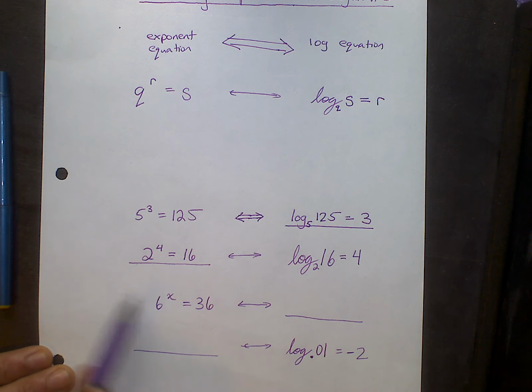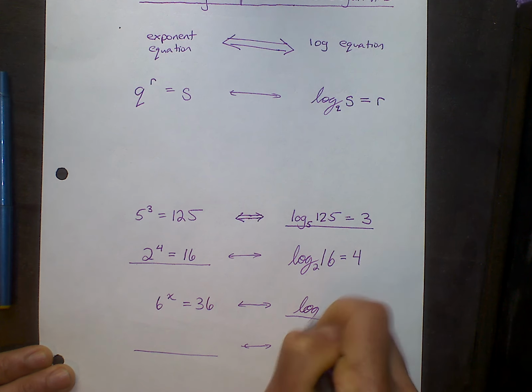All right, the whole point of this is sometimes we don't know one of those numbers, so it's good to just rearrange the form. So here I have 6 raised to the x equals 36. Through guess and check, you might realize that the x would have to be 2. 6 squared equals 36. But I just want to practice writing this in the other form for the times when it won't be so obvious of what the x is going to be. Maybe it's not going to be a rational number or even an integer.